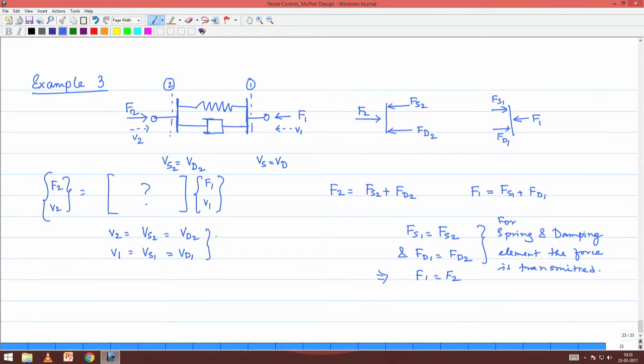So, in general V1 is not equal to V2, right. Therefore, V1 not being equal to V2, but F1 being equal to F2, suggests that whatever is the electrical circuit associated with this element must go in the shunt position, right. So, this suggests the following electrical circuit.